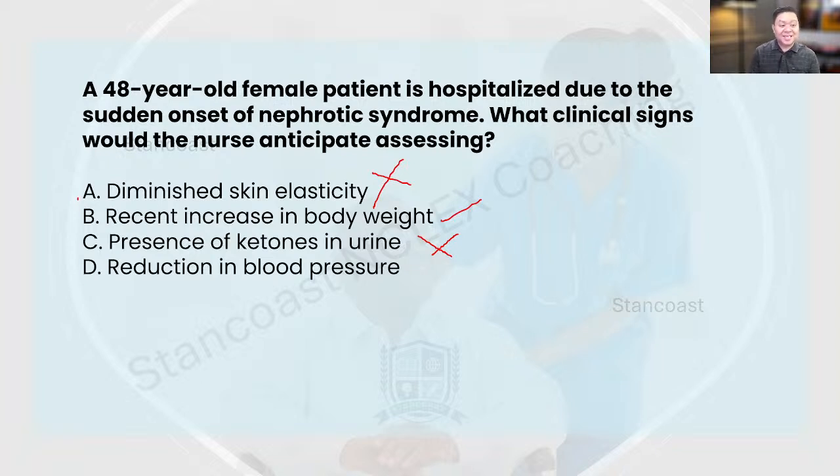Now, for the test taking skills, so we have our answer here, letter B. Let's circle that. The rest, they're erroneous. So for the test taking skills here, what I want you to focus on is to understand the pathophysiology of the nephrotic syndrome. And if you're really solid into understanding, not just about mnemonics, because I've tried this way back in the past.